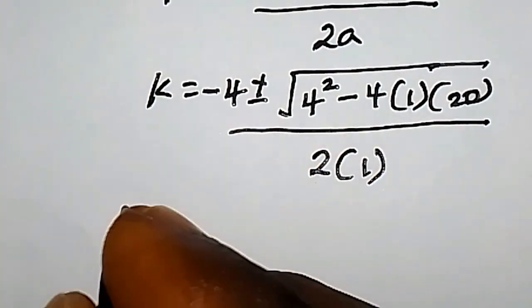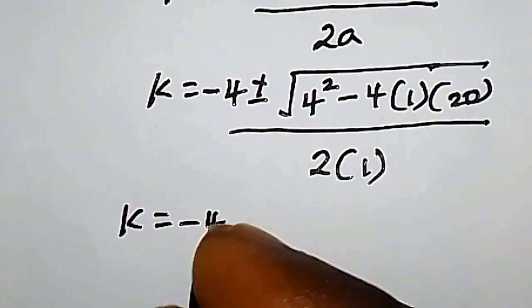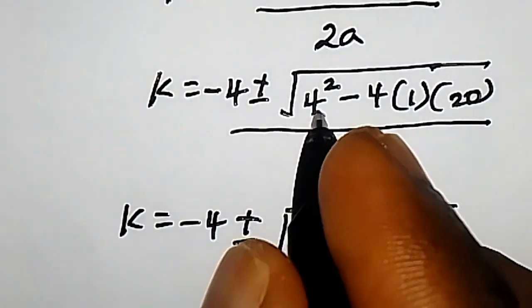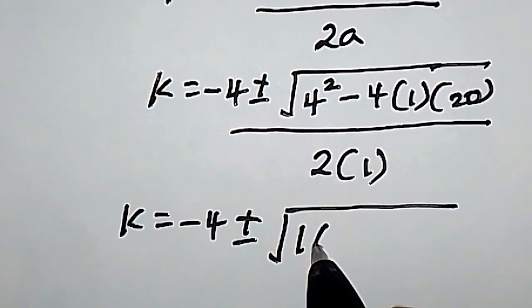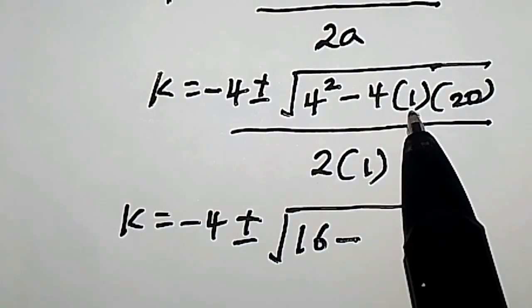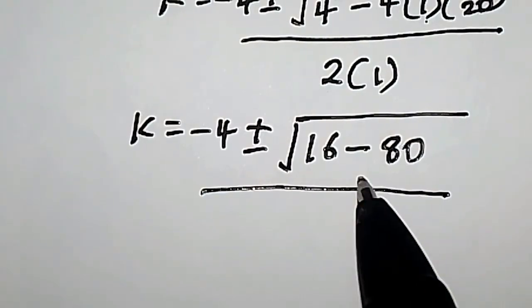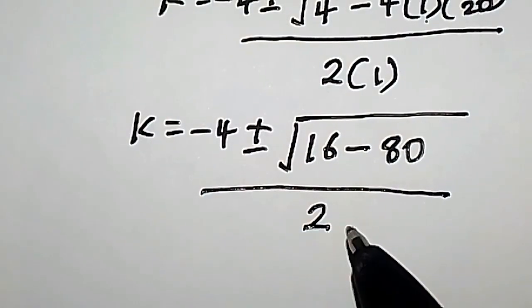Let's continue. k equal to minus 4 plus or minus square root of, what is 4 square? 4 times 4, 16, minus 4 times 1 times 20, that is 80, divided by 2 times 1, 2.